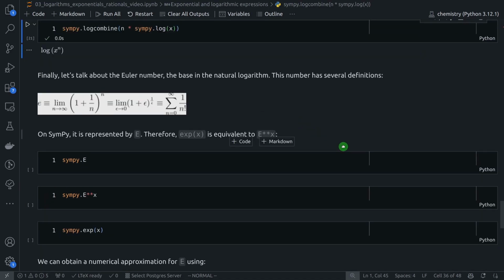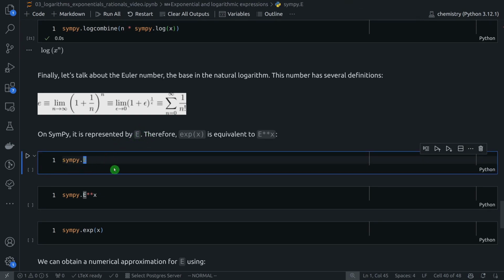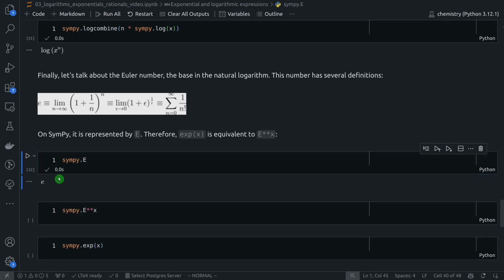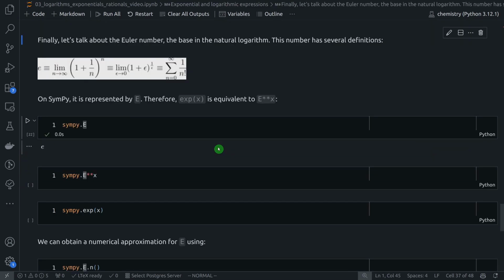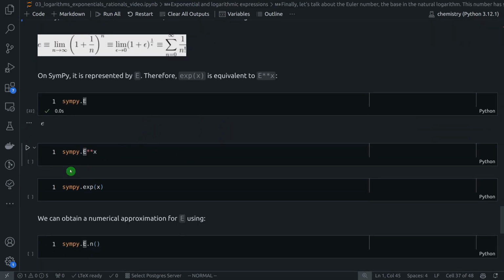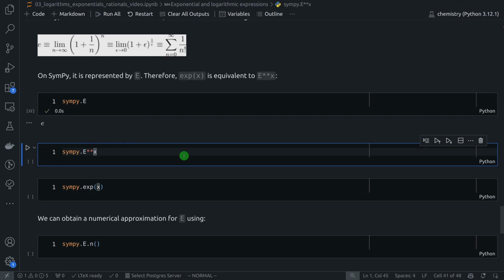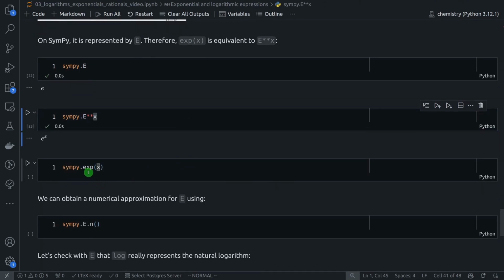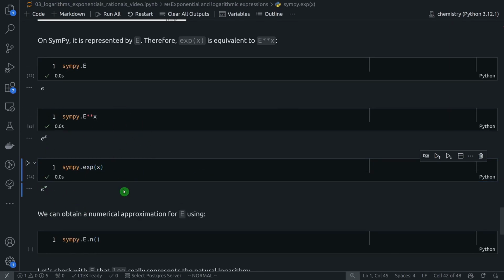And finally, let's talk about the Euler number, the base of the natural logarithm. It has several definitions, as you can see here, and SymPy has this representation e. Okay, so you can use SymPy.E with a capital letter to see the Euler number, and you can write the exponential of x with both e to the power of x or exponential of x with the exp function, and we have the same result.